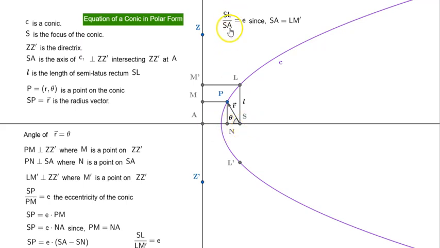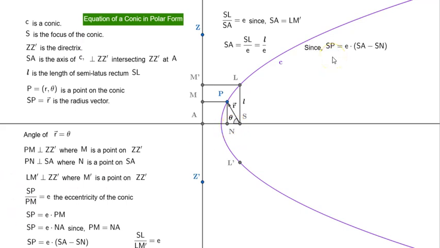So we have done the substitution: SL by SA equals e. So now we can write SA is equal to SL by e. So we rearrange this. Now SL we have said is l. So SA is equal to l by e.